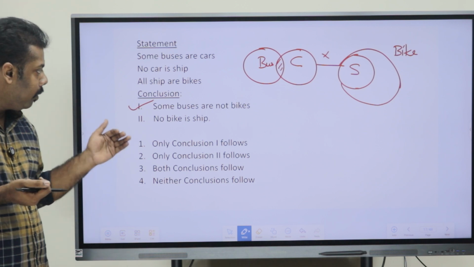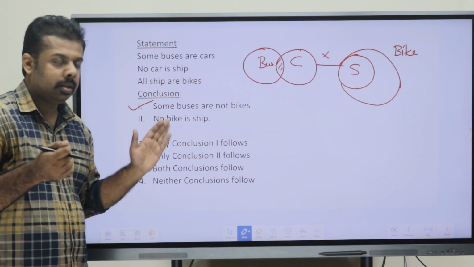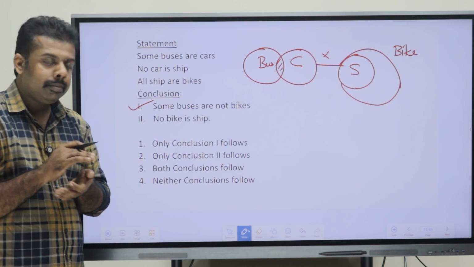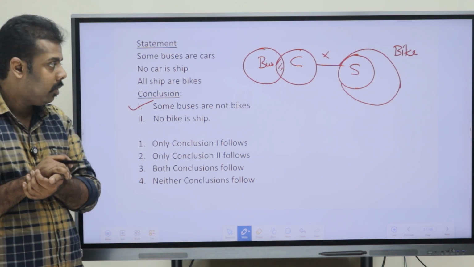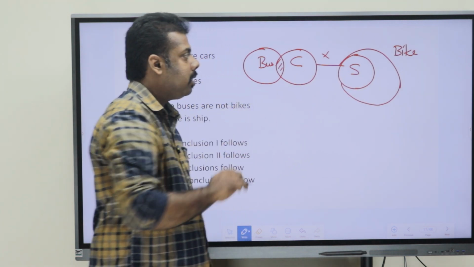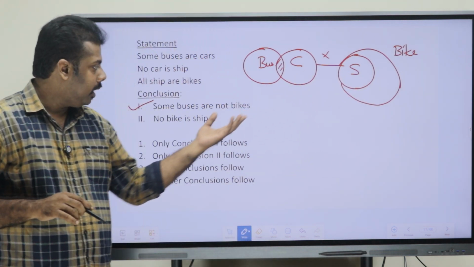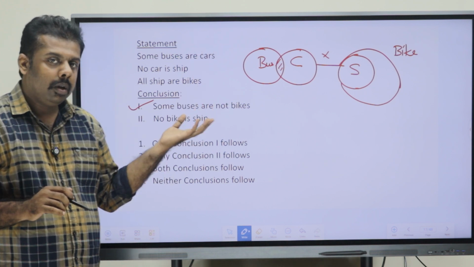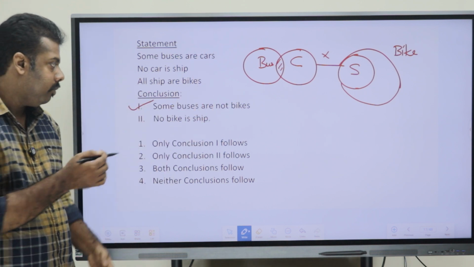Okay. Now moving on to the next conclusion, no bike is ship. They are saying that bike and ship have a no relation. Okay. So as you can see, bike is here and ship is inside. So we already know the relation between them, that all ship is bike. So the other conclusion, will it be right?